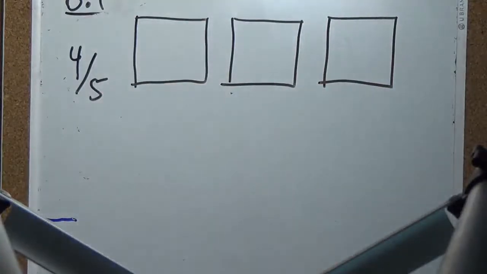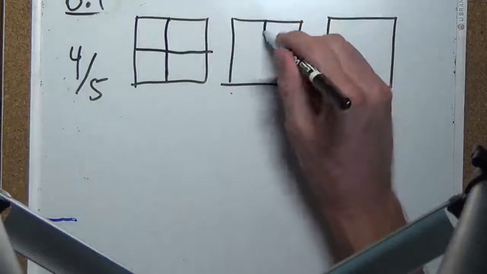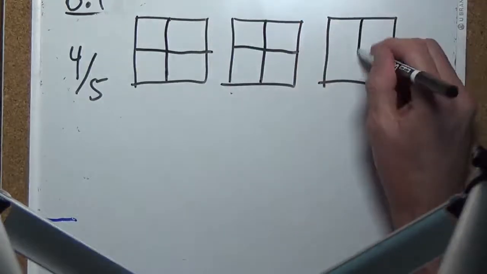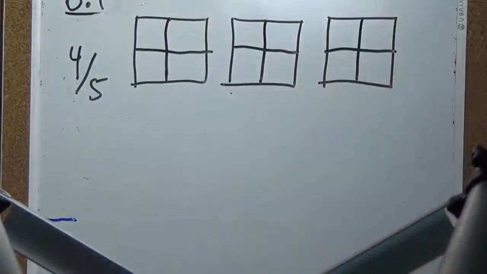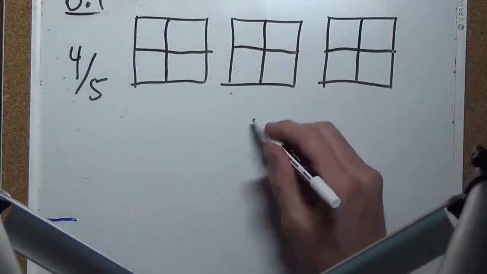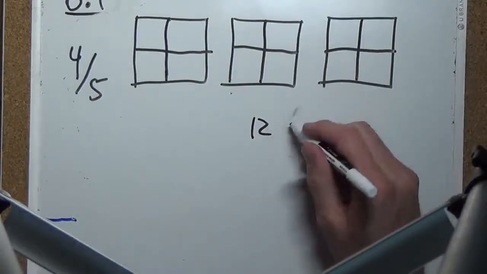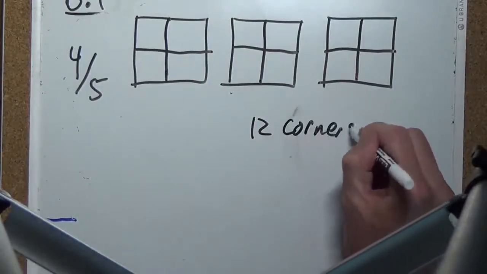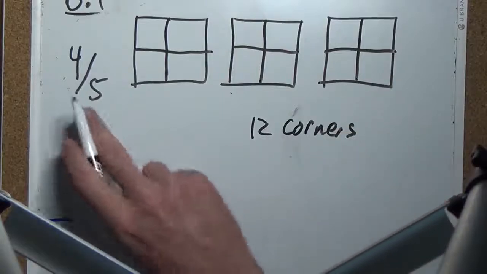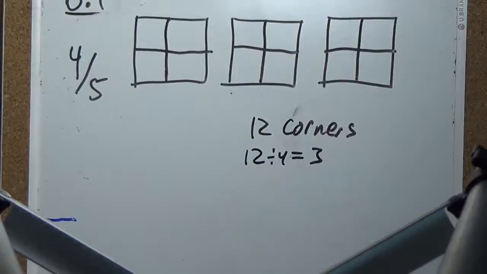Another way to attack these is, I got to break these into 4 equal pieces. What if I took each one, broke them into 4s? Now I have 12 pieces, or 12 little, I don't know, 12 corners, something. I want 4 equal ones, so 12 divided by 4 is 3.